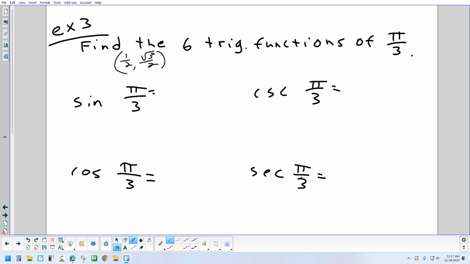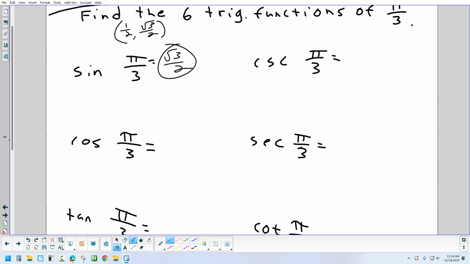What's going to be the sine of pi over 3? Root 3 over 2. What about the cosine of pi over 3? 1/2.